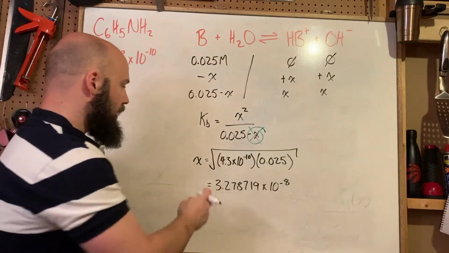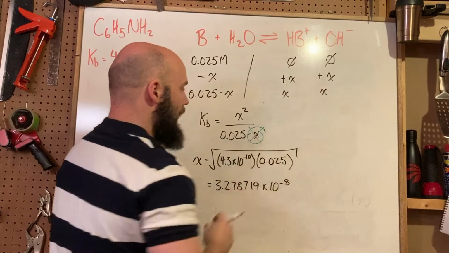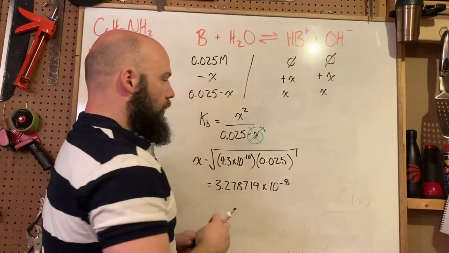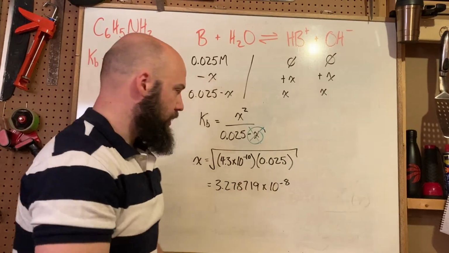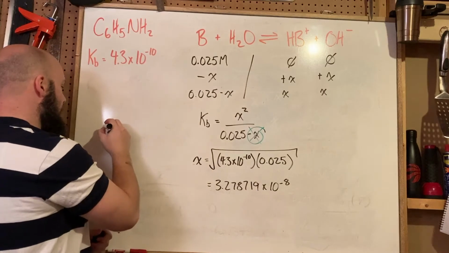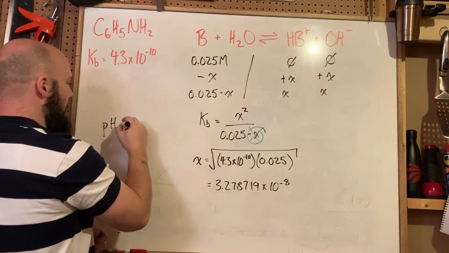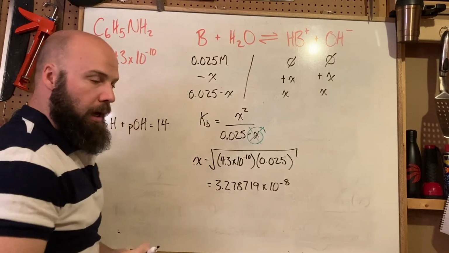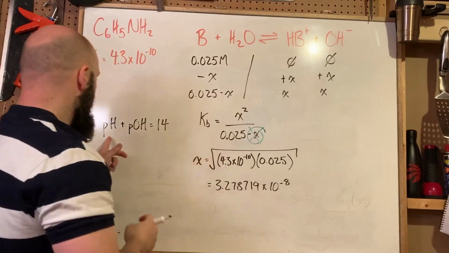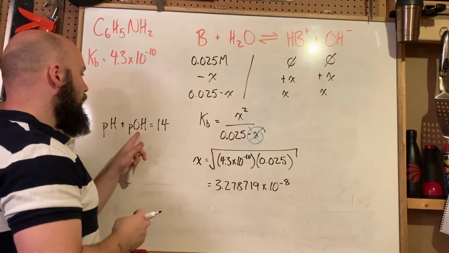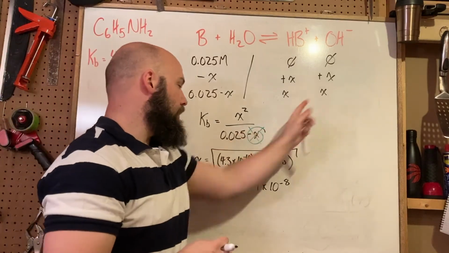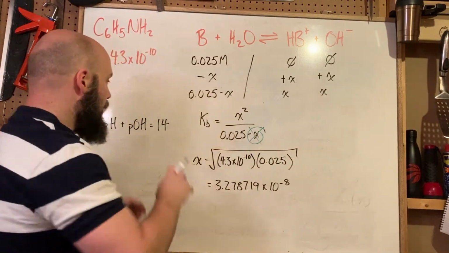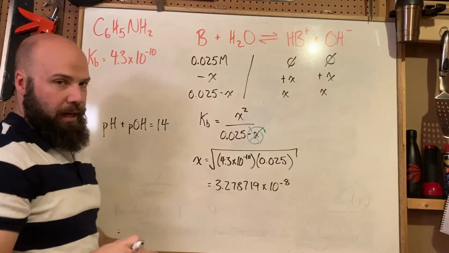The x value here is your OH, and you're asked for the pH. So remember from grade 11 that the pH plus the pOH is equal to 14. So if you can solve for the pOH in this case, you can rearrange that to get your pH.